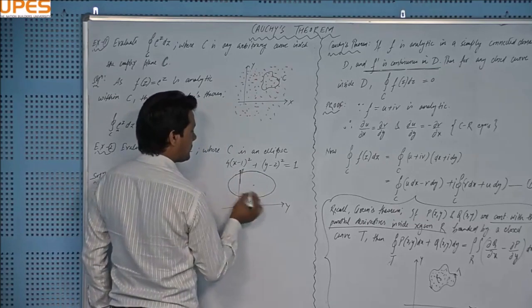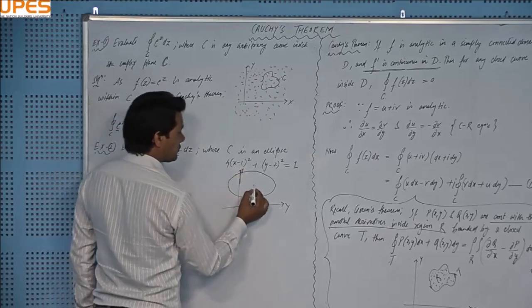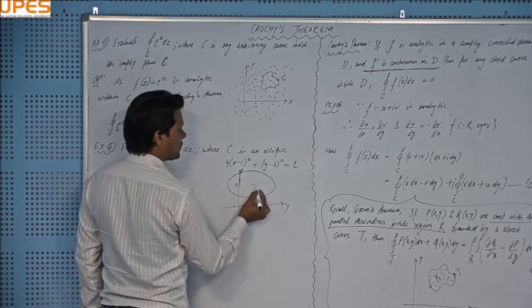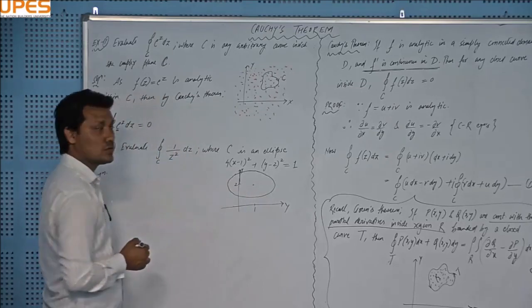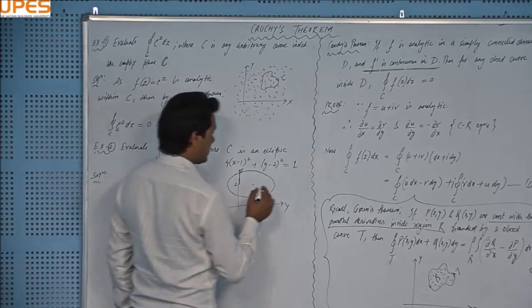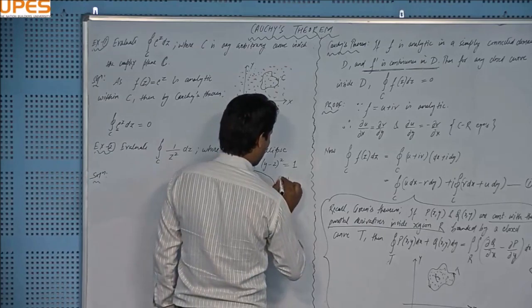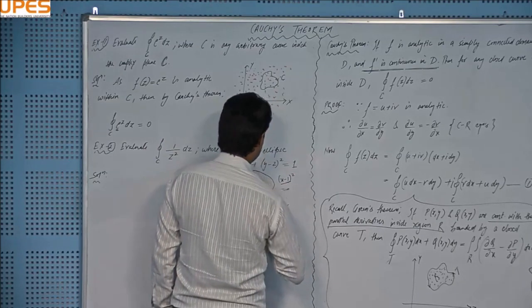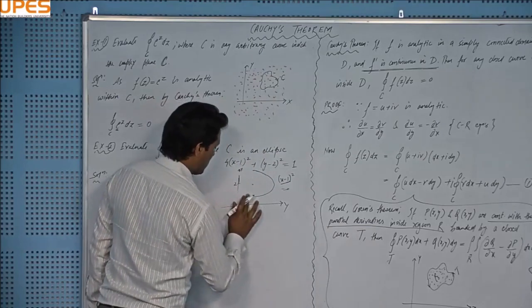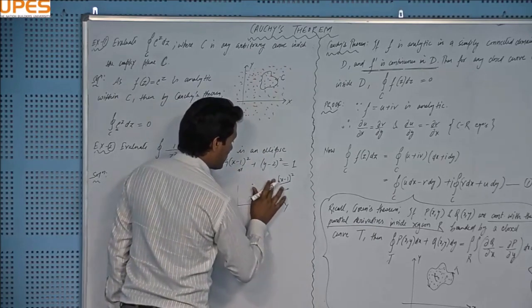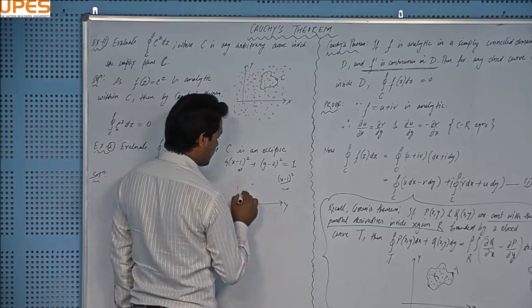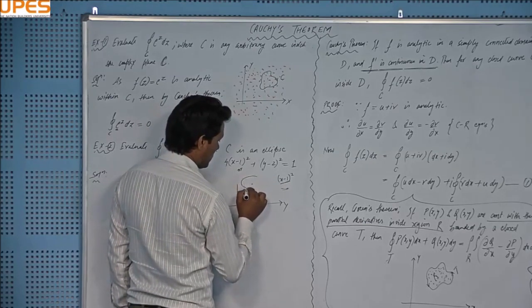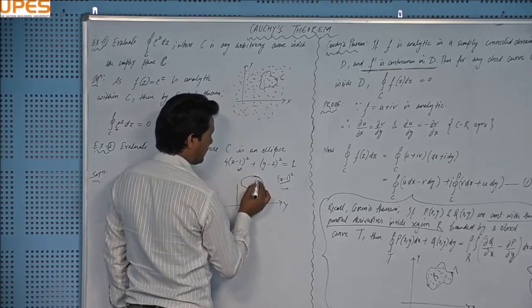Fine. You can see that the center is 1 comma 2. This point is 1 comma 2. This is 1. This is 2. So the center of the ellipse is 1 comma 2, and x minus 1 whole square over 1 by 2 square. Sorry, I think it should be small, because it's 1 by 2 square. It will be like this. Fine.